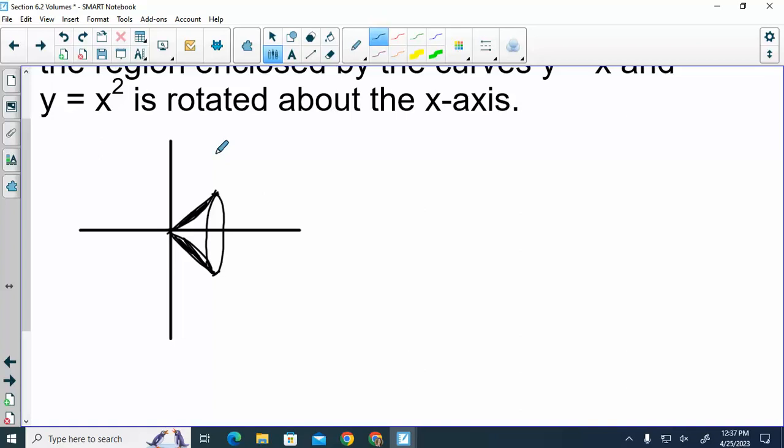How did we do areas when we had something like this? Not add, but we subtracted to get the part in between. So that's what we're going to kind of do here. So we know, if we set this up, we need to find the intersection.